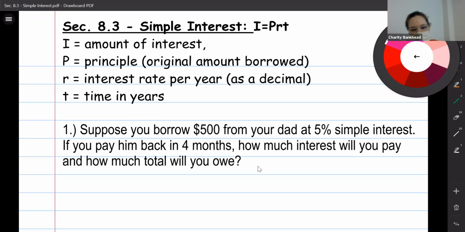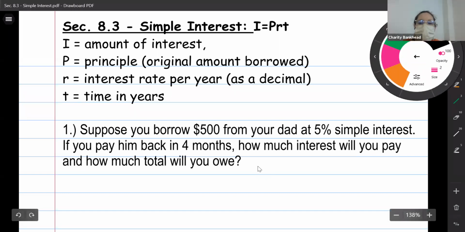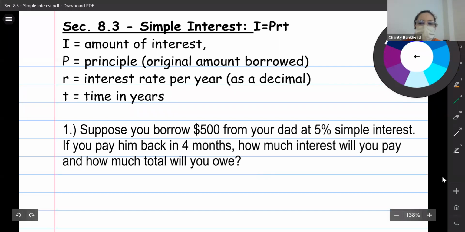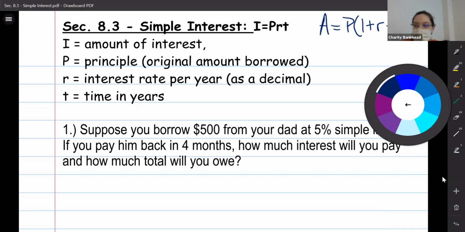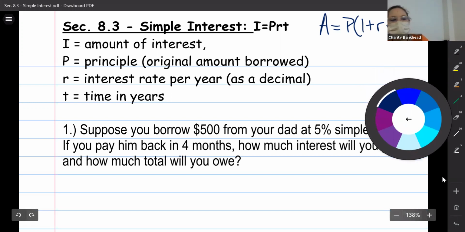All right, so there's also another formula on your formula sheet that you may want to use sometimes, which is A equals P parentheses 1 plus RT. The only difference there is A would be the total amount owed.